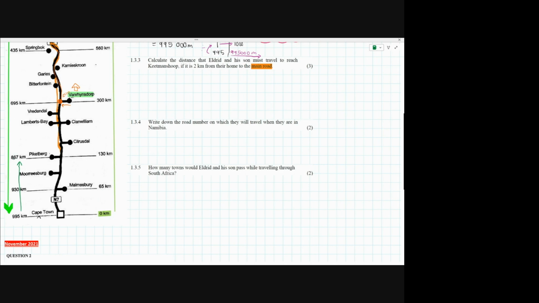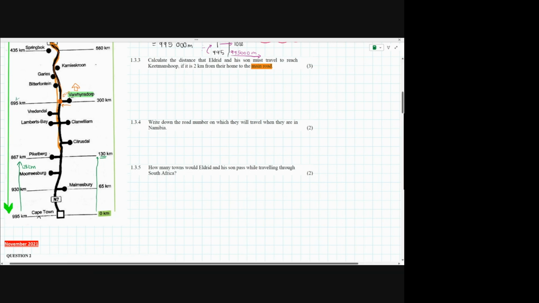The difference between 867 kilometers and 995 kilometers is 128 kilometers, whereas from Cape Town to a point just above is 130 kilometers. So just be very, very careful that you are working with the correct distances here.